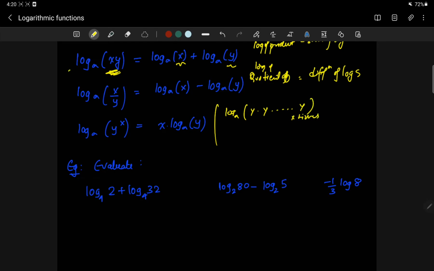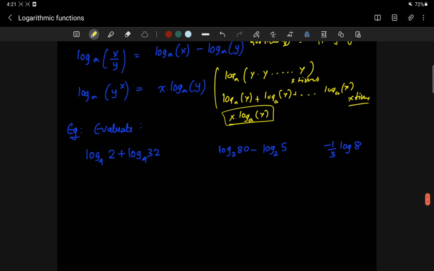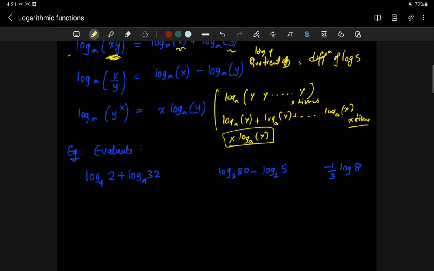By this first property, this is just log y plus log y, and so on, x times. Now if you add the same thing x times, you can just as well say x times that thing. So that's what multiplication is, it's just repeated addition.